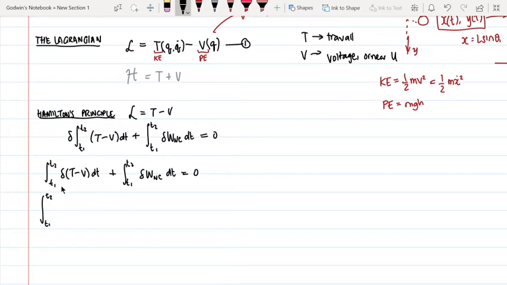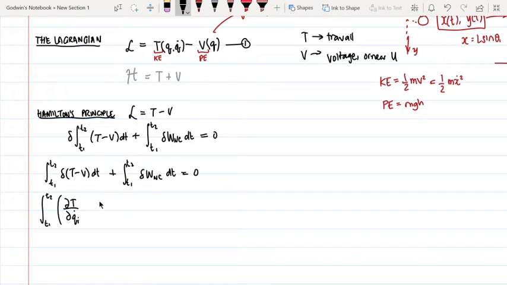Okay, anyway, so we're gonna have a big parenthesis, and then we're gonna write down, unahin muna natin i-derive yung T with respect to q dot. So partial derivative of T with respect to q dot. Okay, I wrote down here qi because, as I mentioned before, this works better for systems with multiple degrees of freedom.